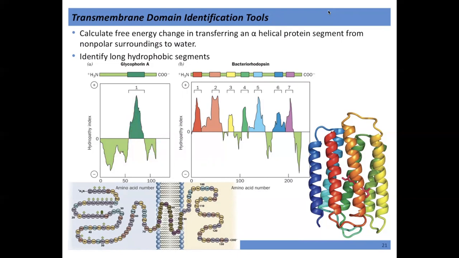Sometimes you see a case where you've got very hydrophobic, and then a drop down in hydropathy, and then hydrophobic again. If you see this repeating pattern, that's probably a good indication that you've got these transmembrane helical proteins. In fact, each one of these is color coded, so that red region correlates to that.